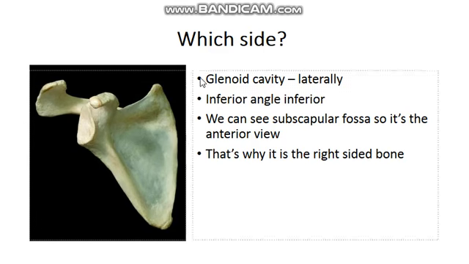Okay, now tell which side this one is. You can see here the glenoid cavity is lateral, the inferior angle is inferior, and we can see the subscapular fossa. So it's the anterior view. The subscapular fossa is always present anteriorly. That's why it is the right-sided bone, because you can see the glenoid cavity here, and this is the acromion, this is the superior angle, this is the medial border, and this is the lateral border.